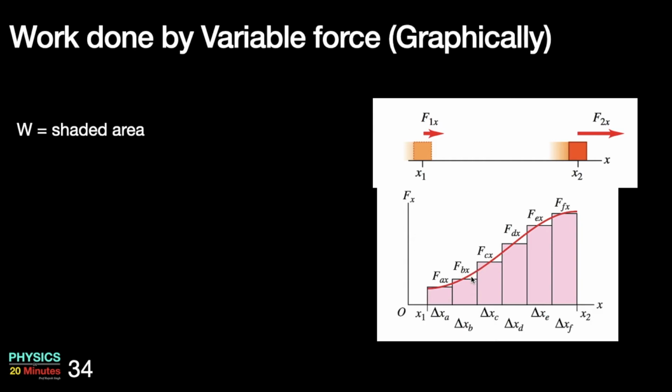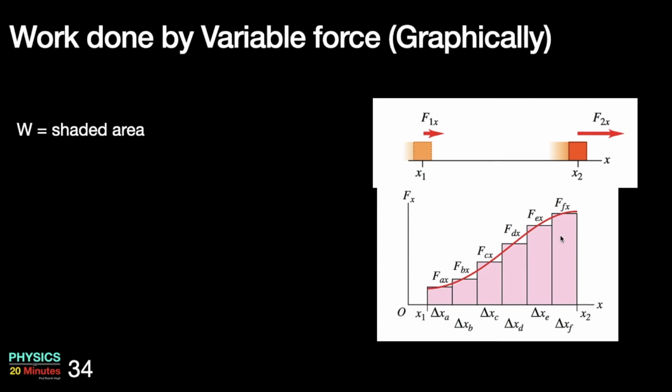So what can you do to improve the accuracy of area calculation? Can anyone suggest? Yeah, we can decrease the width of each rectangle, making it smaller and smaller. Yes, that's correct. So you reduce the width of each rectangle, making them smaller and smaller. In an ideal case, you assume that the width of each stripe tends to 0 and the total number of stripes tends to infinity.